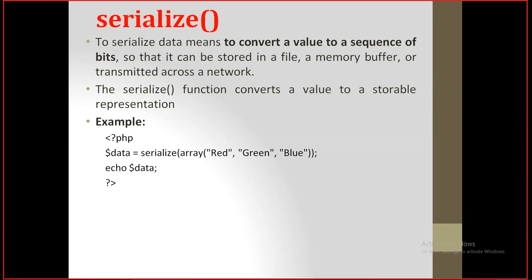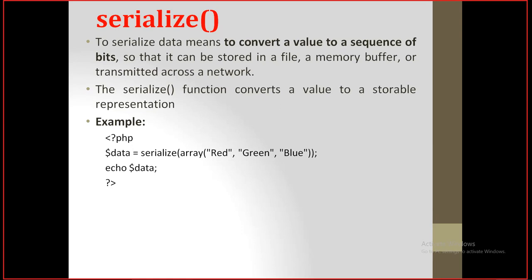Here, if we want to serialize an array, you can see we are passing an array to the serialize function, and the data is stored in this variable data. Which data? The storable representation of the array will be kept in this data. And if we echo it, you will see the storable representation. We'll execute it and later you can see.